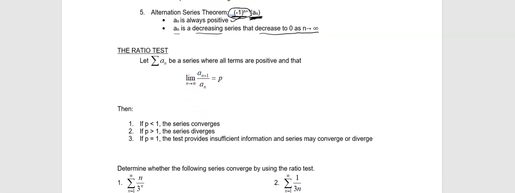So the last one that we need to be aware of is what's called the ratio test. So the ratio test is, here's our sigma sign, here's our general term. Let the sum of a sub n be a series where all terms are positive, and you're given this little limit here. So notice what a sub n is when we look at this formula here.